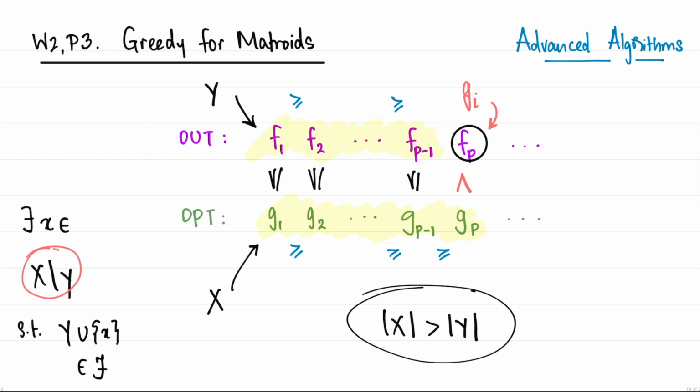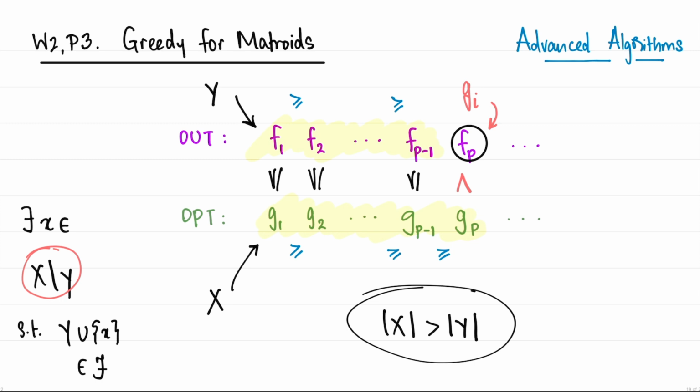Because Y union GI is in F, which means that at whatever stage greedy was when GI came up for consideration, that is some subset of Y, and that subset union GI is also in F by heredity. So it is flawed for greedy to not have picked up GI at that point of time. It violates the greedy behavior. So that's our contradiction.